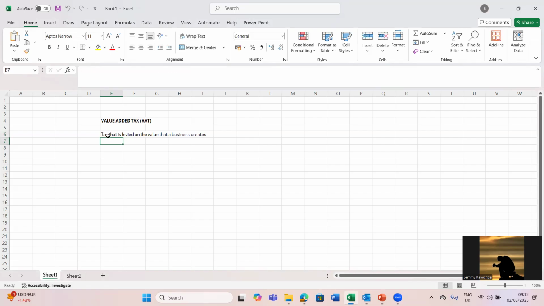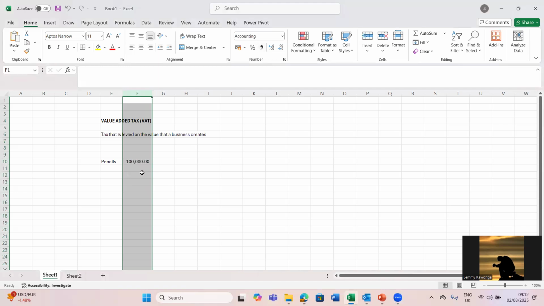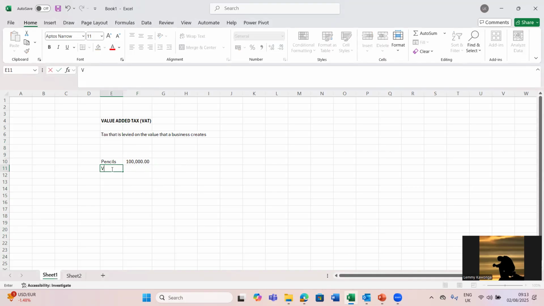For instance, if I manufacture pencils for 100,000, and I want to sell them. So when I'm selling these pencils, I have to add what? Tax, VAT. Let's say the rate is 10%.